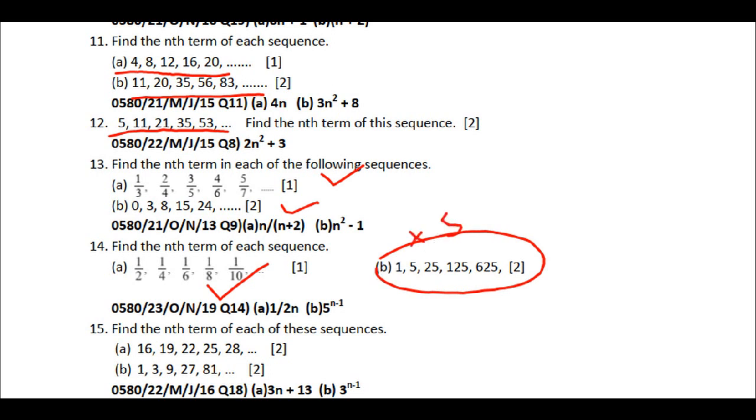Every number is being multiplied by 5, so you need to revise what we need to do in this case. This was sequence number 6, that's also explained on page number 13. Revise that. Then question number 15, this is simply a linear sequence, and this is an exponential sequence. Every number is being multiplied by 3. So revise what we did yesterday, and then attempt these questions.